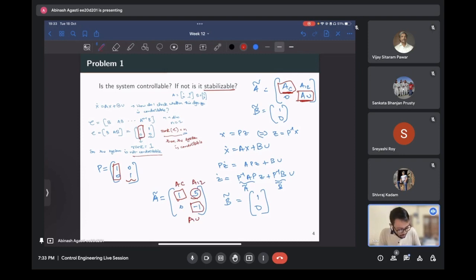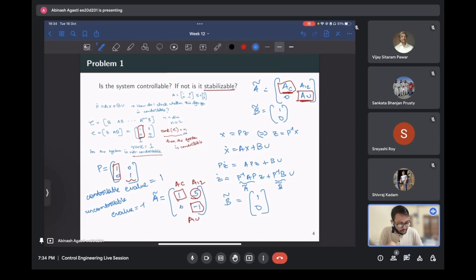So the controllable eigenvalue is 1, the uncontrollable eigenvalue is minus 1. So what did we discuss? If the uncontrollable eigenvalue is negative, then we need not worry that the system will go unstable, right?